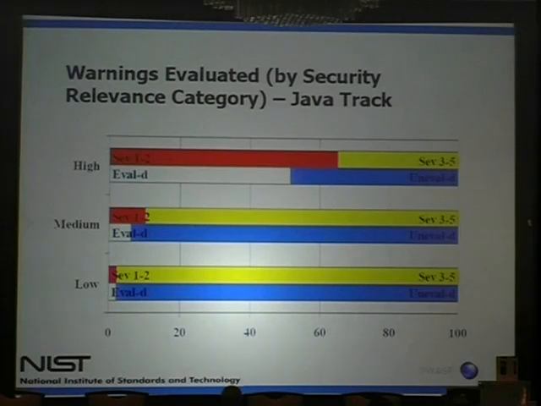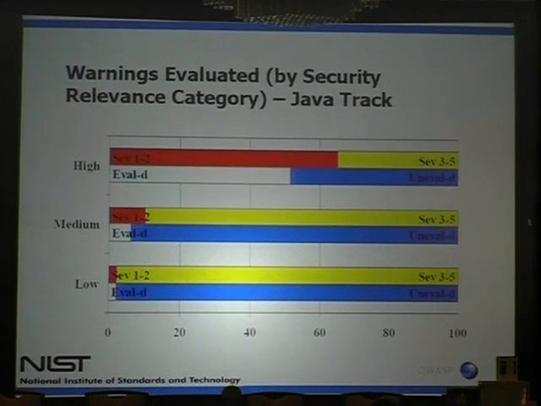So by the security relevance categories, this describes the division into severity: the high severity warnings as reported by the tool, severity 1 and 2, and the low severity warnings, severity 3 to 5. The other bar is the division of how many we evaluated versus how many we didn't look at at all.